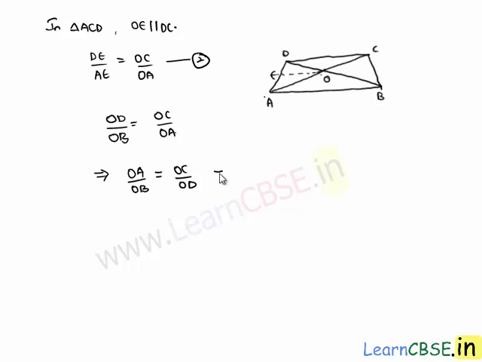Or AO by BO is equal to CO by DO. This is our required proof, hence it is proved.